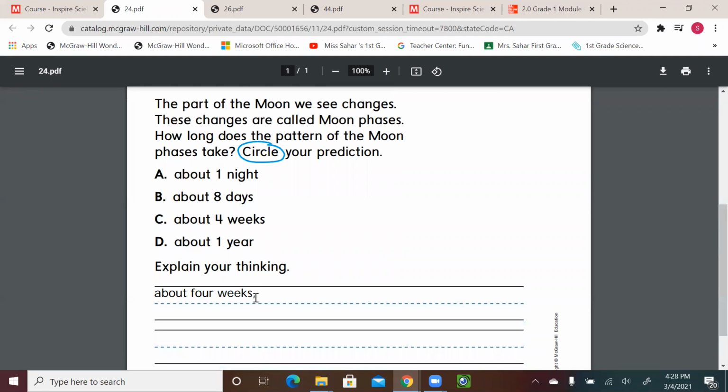And then we're going to explain your thinking. Remember, we're predicting, so it's okay if we don't have the right answer, or if you think this is the answer but don't have an explanation, because we're going to find out. But let's just put what we think it could be.